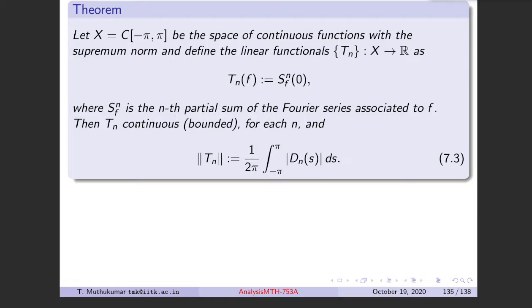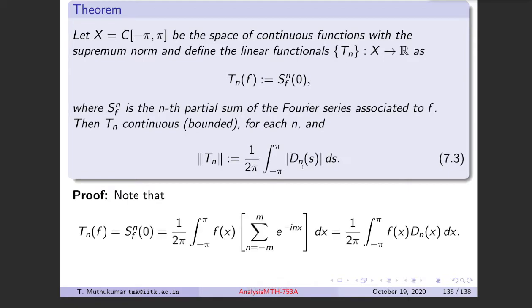This theorem tells you that this linear functional is bounded, and the norm of that linear functional is given by the L1 norm of the Dirichlet kernel. The norm of Tn is the L1 norm of the Dirichlet kernel.